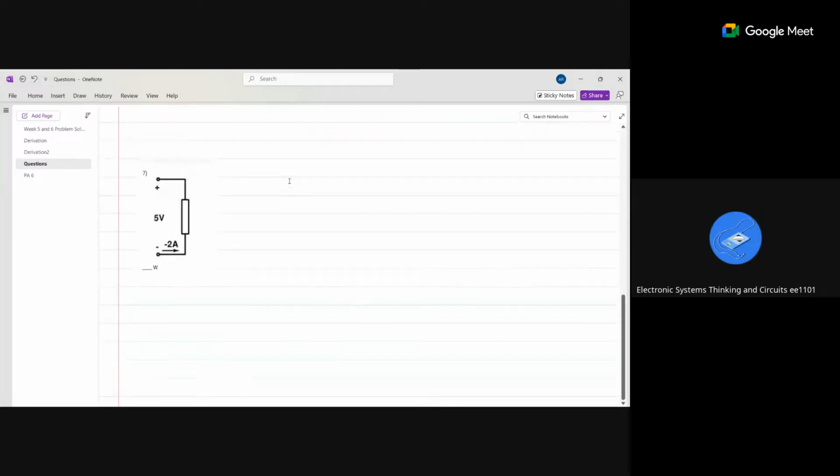What about the next one? Here again, the current is entering at the negative, so 10. For these types of questions, please take care while writing the signs.